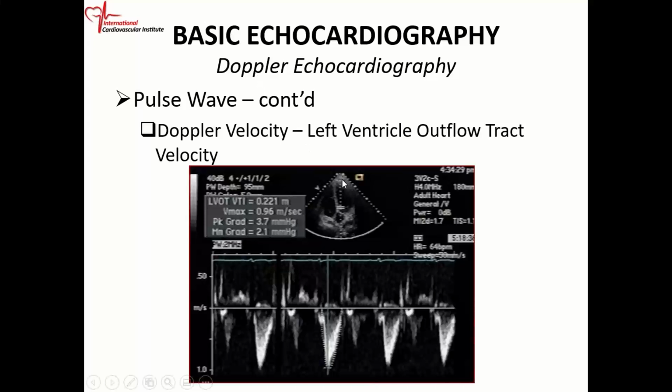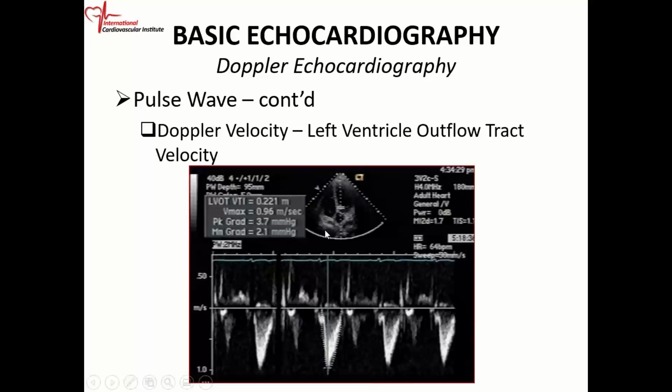Again, the left ventricular outflow tract, your transducer is right there. The cursor is right there. This is your sample volume right at the left ventricular outflow tract. You turn the pulse wave button on and you get this. So this is flow below the baseline. This is the baseline. The flow is below the baseline.